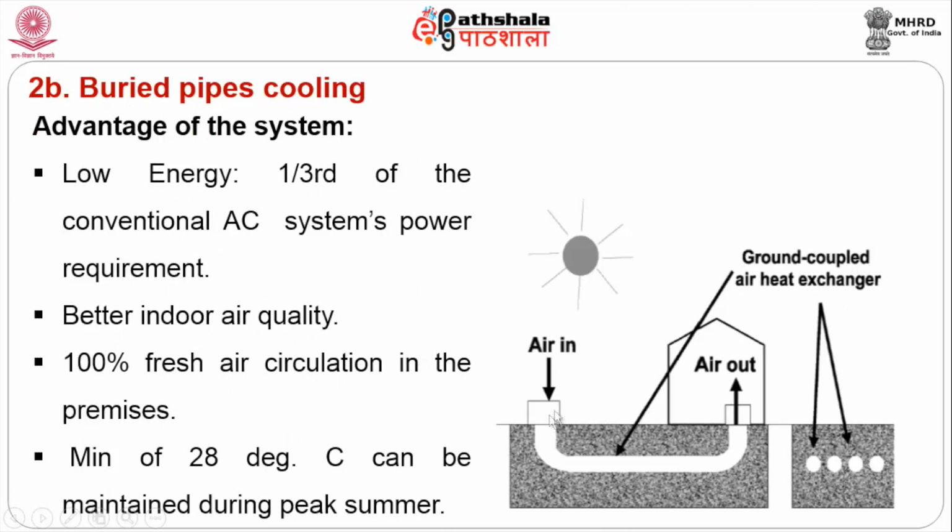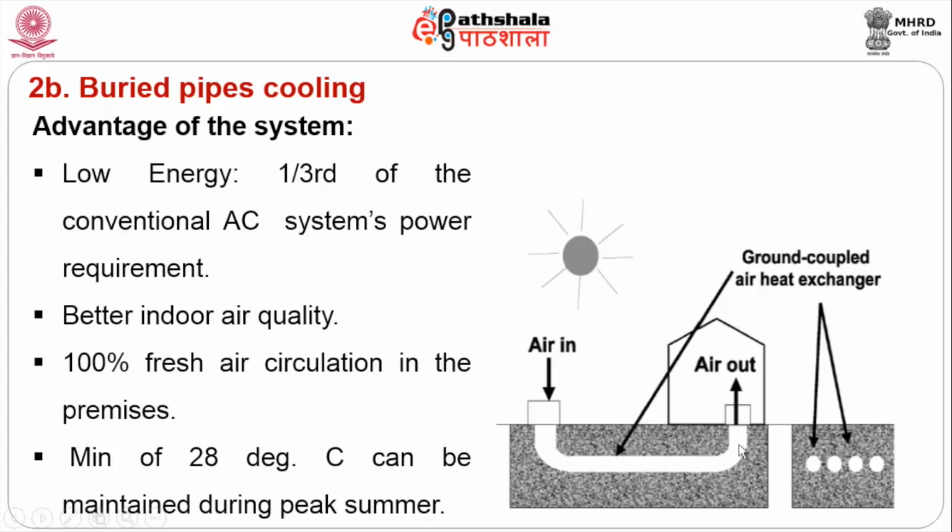So, this is what I meant, that we have outside air, there is an underground tube, and then there is an air outlet. Air comes here, heat transfer takes place here. So, it is a ground coupled air heat exchanger. The tube acts like a ground coupled air heat exchanger.